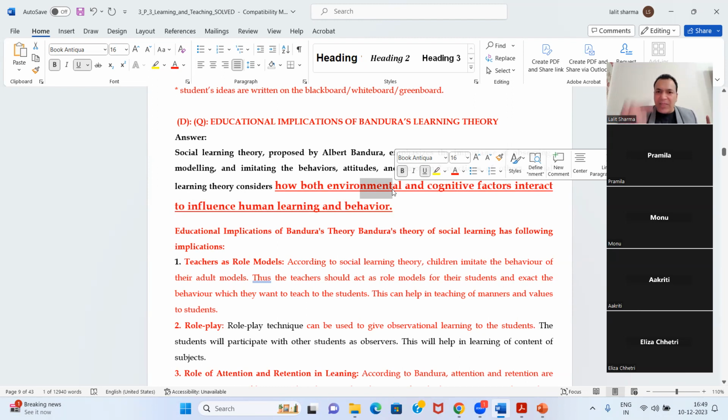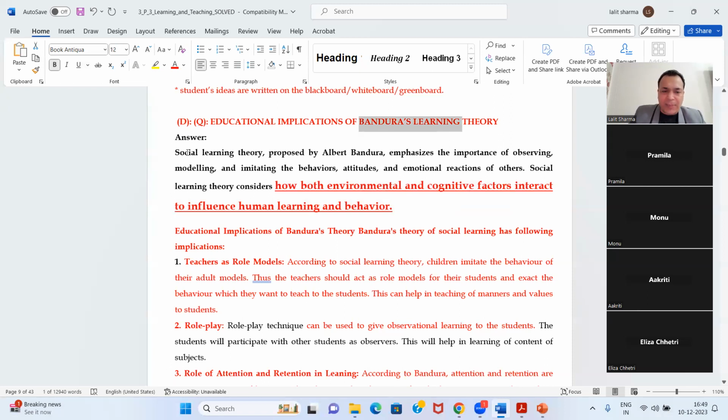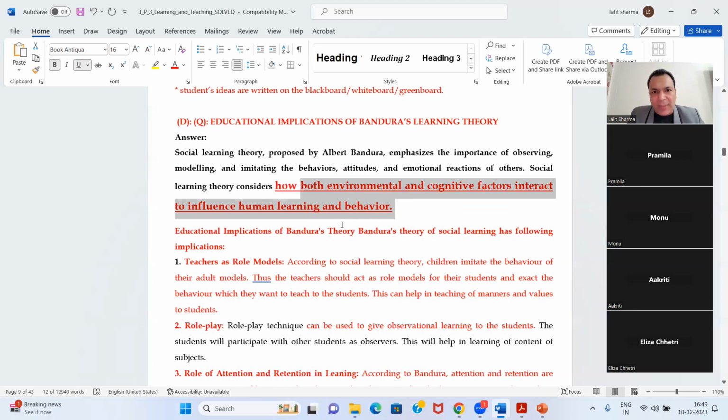So the teacher should have knowledge of behaviorist theories as well as cognitivism also, because we are learning from every theory. Got it? So Bandura's learning theory is basically a social learning theory. It talks about how environmental and cognitive factors interact to influence human learning and behavior.